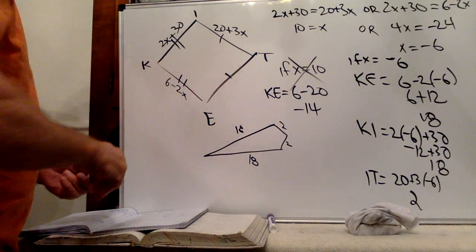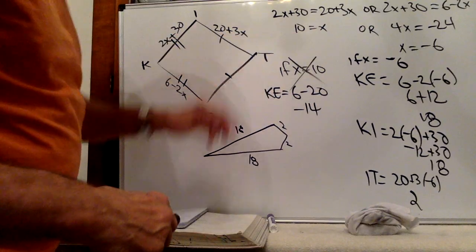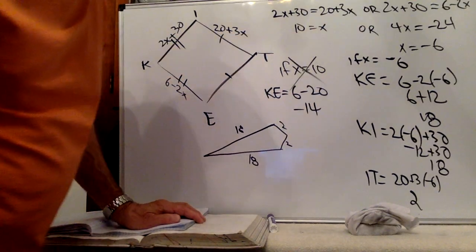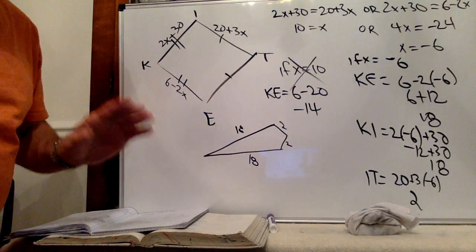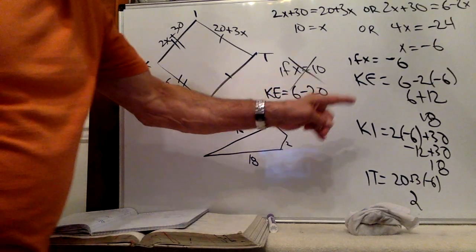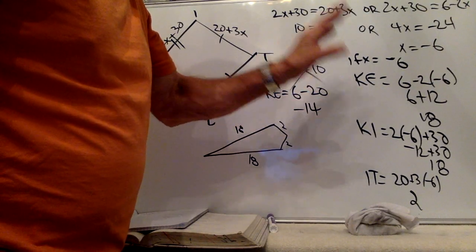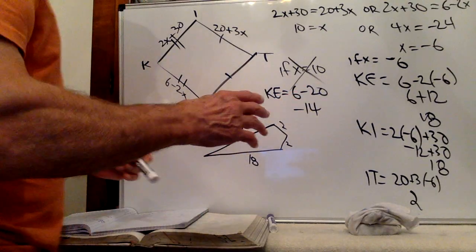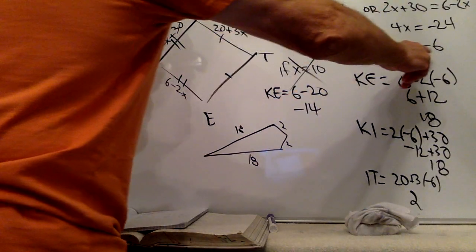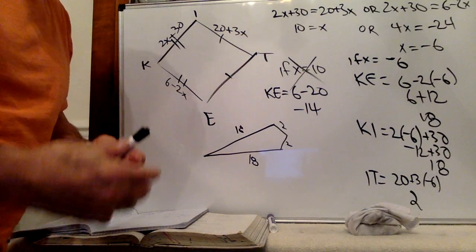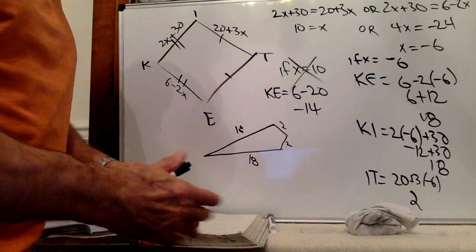So in this problem, the positive value that you get for x actually does not work. So do not automatically eliminate a negative answer when you are solving a problem if the value you're looking at is not the actual answer, but is used to get the answer.